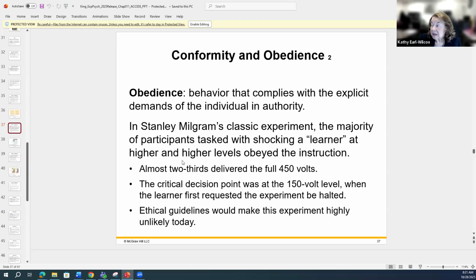Milgram's experiment. This wouldn't be allowed now with ethics, but it is very much explored on page 432 of your book. It looks at when we are willing and socially influenced to cause harm to somebody else. In experiments now in psychology, that's not allowed, but he learned how much social pressure can influence a person to hurt somebody else.